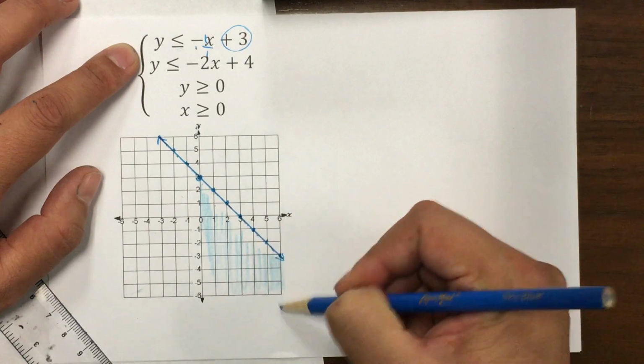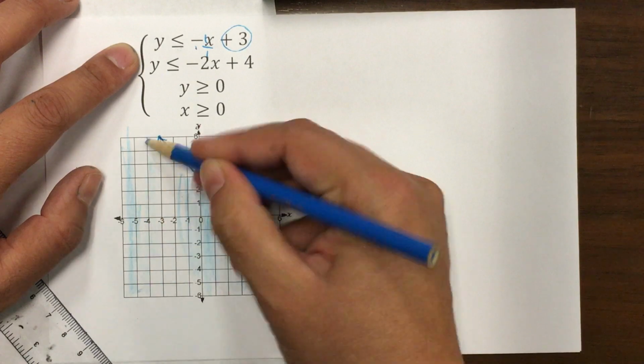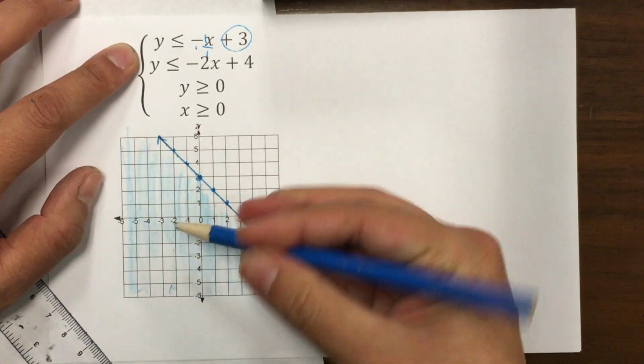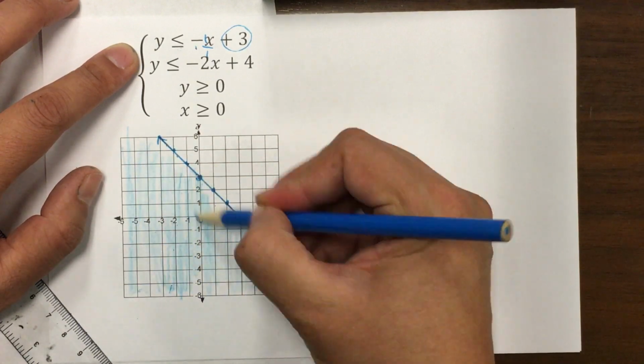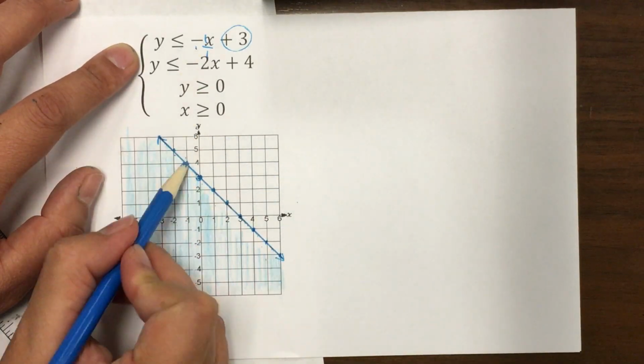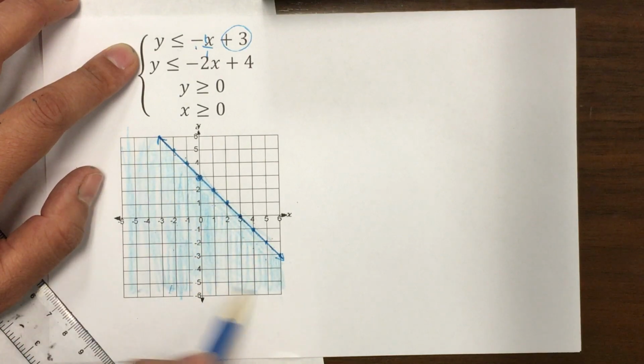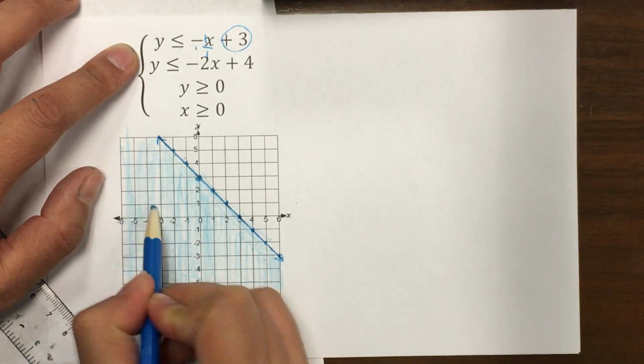So my shade will be in here. Again, I'm not doing it too strong because I want to do that part once I know where the now 4 shades will meet.